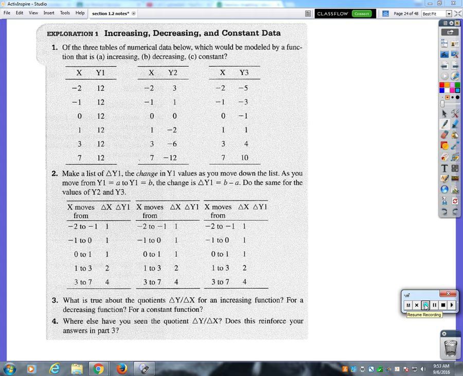What you are looking for there is, what did you notice about the function that's increasing? Positive. The change in y over the change in x is positive. What did you notice about the function that was decreasing? It was negative. And how about for a constant function? All zero. Where have you seen change in y over change in x before? Yeah, we talked about slope, right?